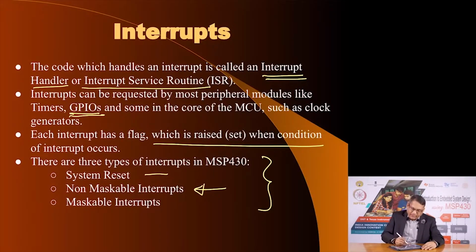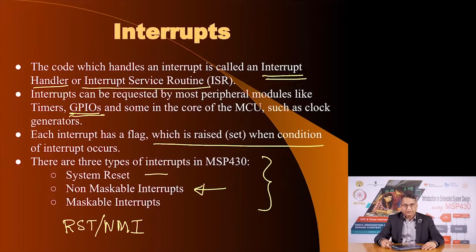You may recall that that pin is actually called RST/NMI, which means the same pin can be used as a reset input as well as a non-maskable interrupt. NMI stands for non-maskable interrupt. And apart from these two sources, you also have many peripherals which generate what are called maskable interrupts. We are going to discuss the meaning of non-maskable versus maskable very shortly.